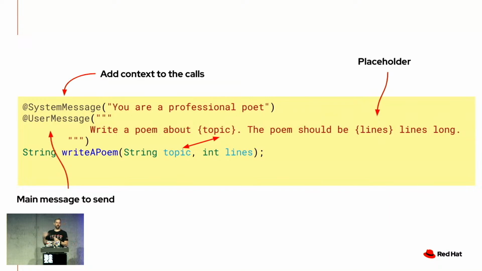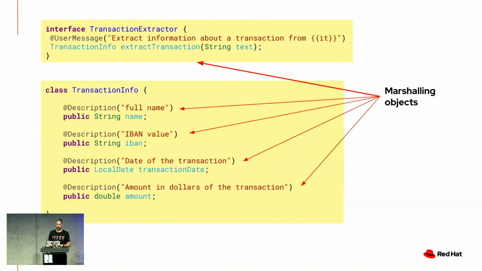And then we can add a message with the user message annotation that says, write a poem about a specific topic. This topic is in curly braces because it's a placeholder, so you can use variables in these calls as well. And then the poem should be X lines long. And then this would return, of course, a little poem about a topic that you pass into it.